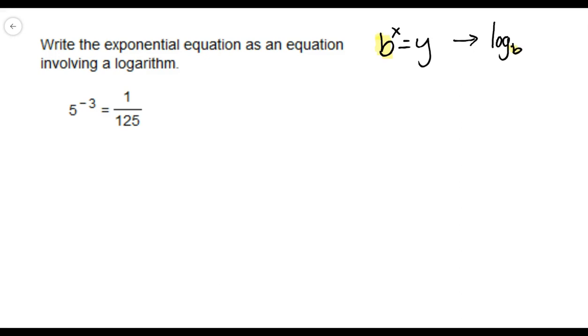So that becomes a b there. The log always equals the exponent. So the exponent here is going to be what that log equals. So that's x. And then what our exponential equals, that's what goes inside the log.